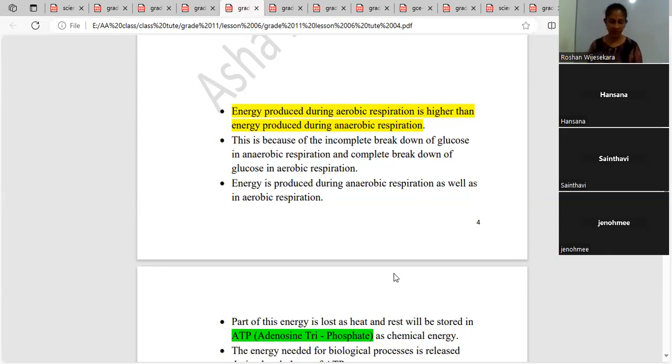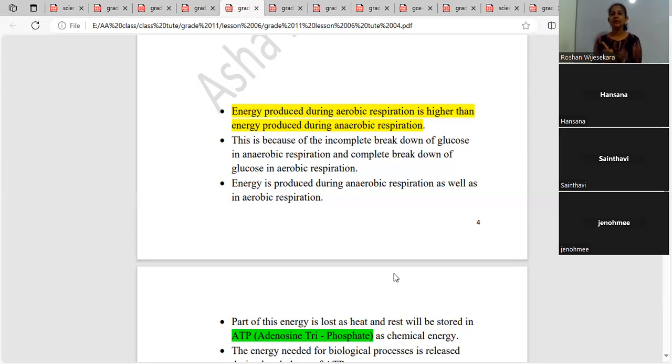I think it was a 2022 MCQ question. Remember well, aerobic respiration produces a higher amount of energy, not anaerobic respiration.